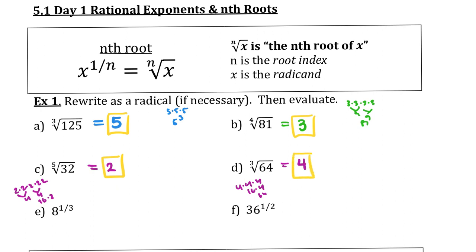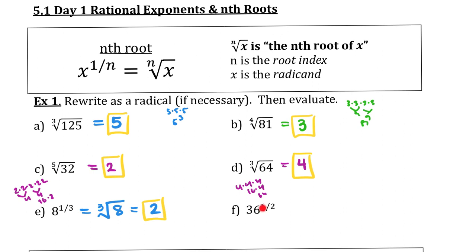Okay, now if it's written as a fractional exponent, 8 to the 1/3, I'm going to rewrite it this way. So 8 to the 1/3 is the same as the third root of 8. Now what's the third root of 8? It is 2 because 2 times 2 is 4 and then 4 times 2 goes back to 8.